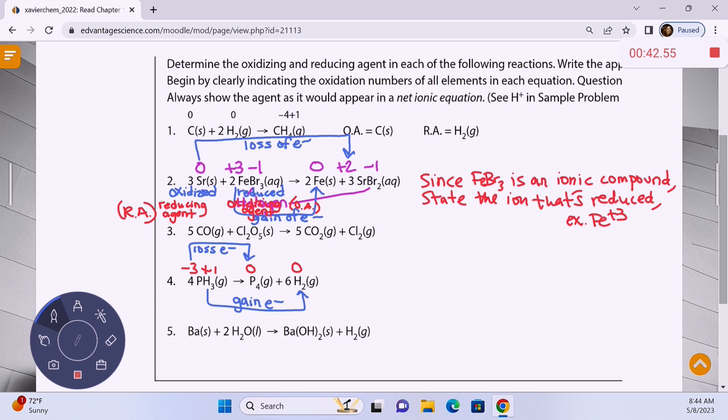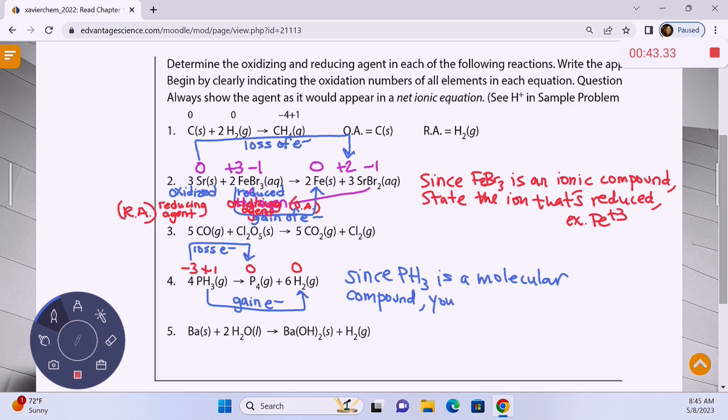Okay, did you guys get that far when you labeled it? Yeah. Okay, so this one's kind of an interesting situation because PH3 is a molecular compound and it is both oxidized and reduced. Does that make sense? So up here we had an ionic compound with an ion in it that was reduced. Here I have a molecular compound. Since PH3 is a molecular compound, you can't pull out and say that one of the ions is oxidized or reduced because it doesn't have ions.